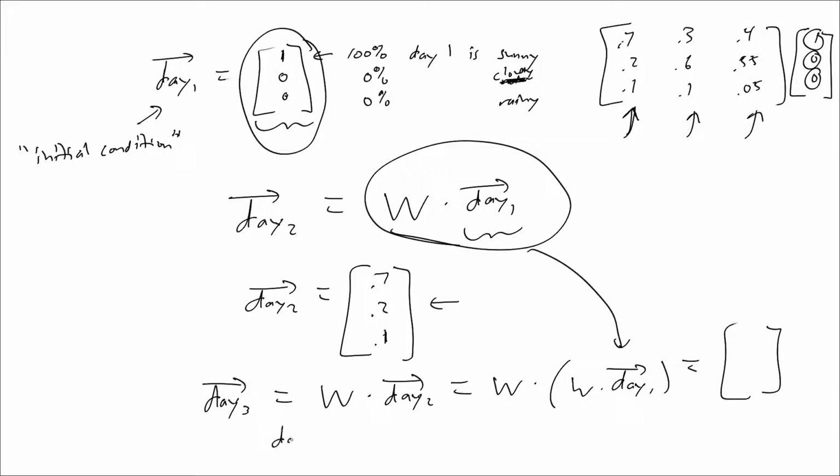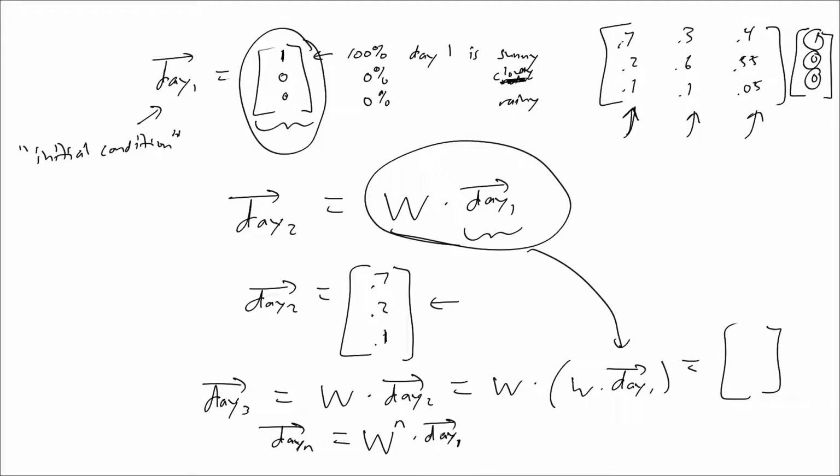And in general, if I want to know what day n's weather is going to be, that is going to be W to the n times day 1. We're going to multiply W times itself n times and multiply it by the day 1 vector.